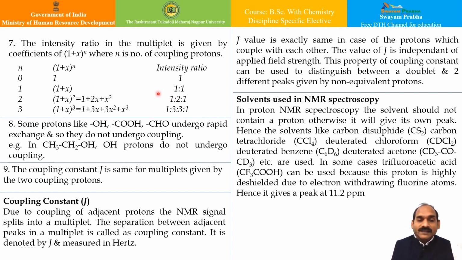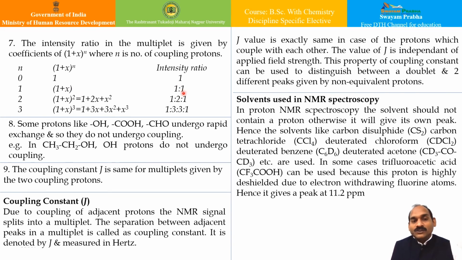Basically, the intensity ratio in the multiplet is given by the binomial form of 1 plus x to the power n, where n is the number of coupling protons. If you do not have a proton, that is when n is 0, anything to the power 0 will be 1, and therefore you will get a single peak, and its intensity will be 1.